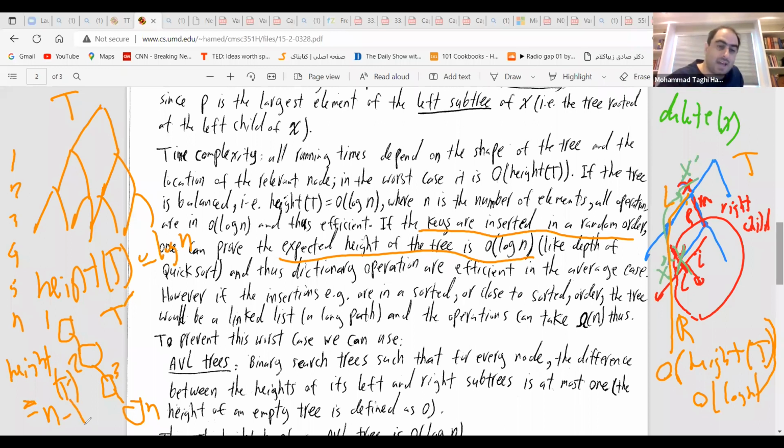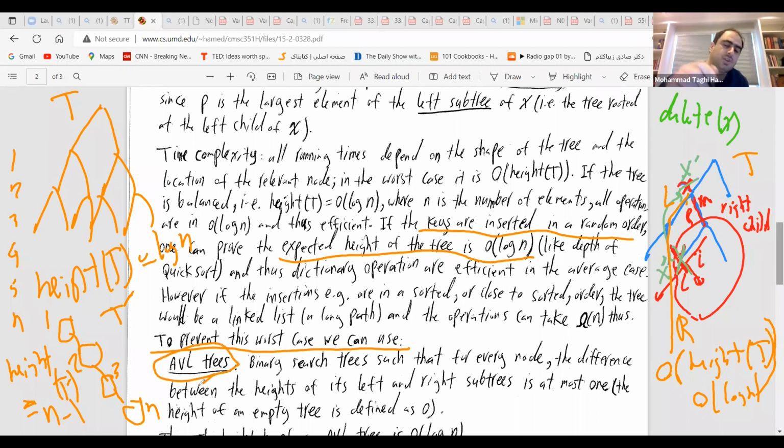So if the elements are coming in an ordered way, some bad things can happen. The depth or height of this tree can be order n, and this would be very inefficient. To prevent this worst case, we can use AVL trees.